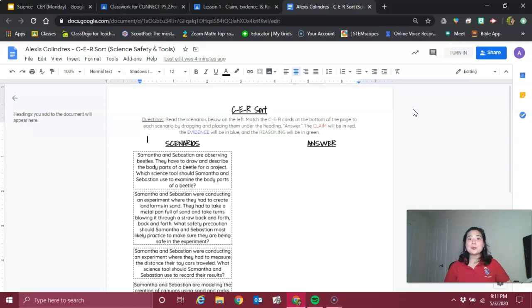Read the scenarios below on the left. So that must mean I need to read these cards on the left that is titled Scenarios. Match the CER cards at the bottom of the page to each scenario.